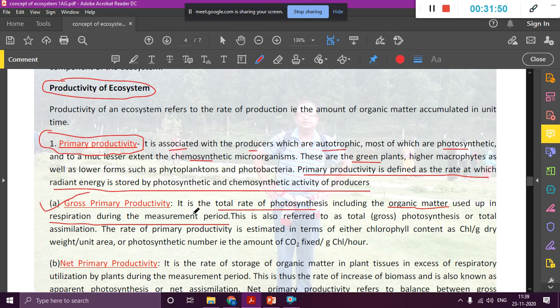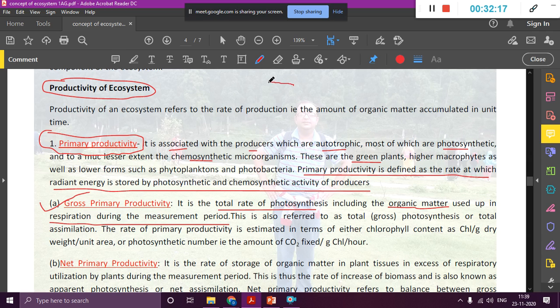Suppose in a field, in 1 hour, 100 kilojoules of energy is produced. Some of that energy is used by the grass in that field for their own respiration and other activities. So there is a loss. But in the gross productivity, you don't measure the loss.